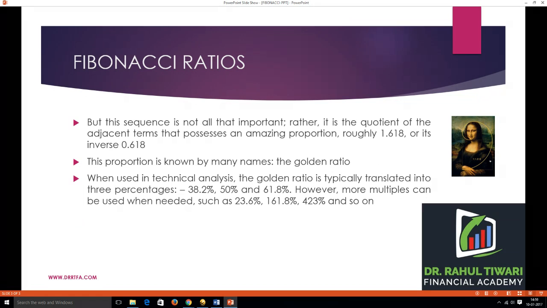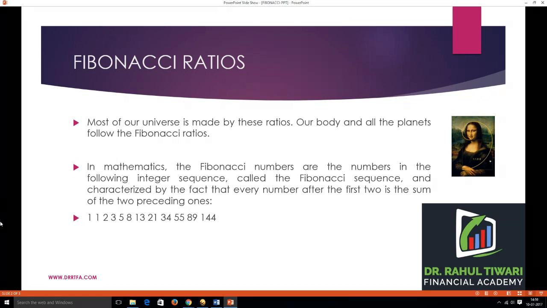But this sequence is not all that important. Rather, it's the quotient of the adjacent terms that possesses an amazing proportion, roughly 1.618, or its inverse, 0.618. Let's go back to our sequence. If you divide 5 by 3, you get 1.618.